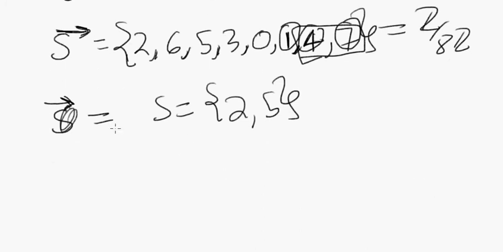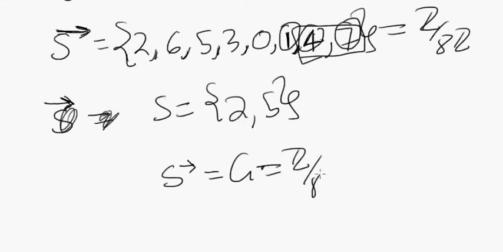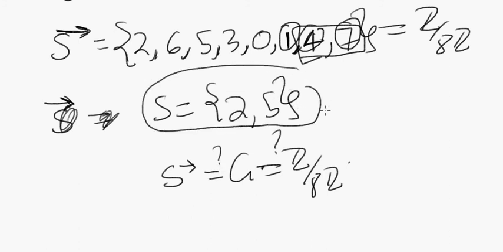Is it necessarily the case that the smallest group, S extension, had to be equal to G, the group itself, in this case Z mod 8Z? Does that make sense as a question? That is, could we have extended S equals {2, 5} to some other group, but had it be the case that the group we extended it to is different from Z mod 8Z? Is the extension of S unique?